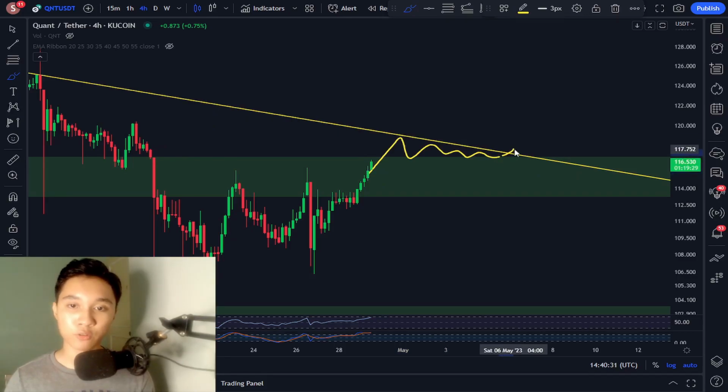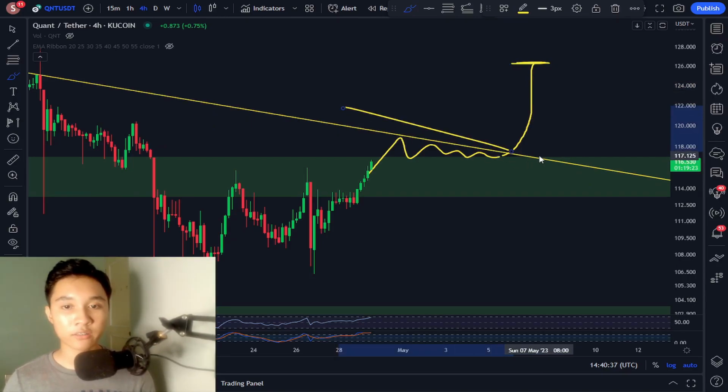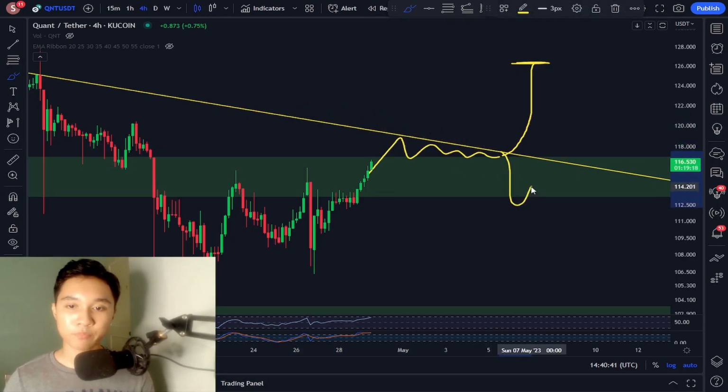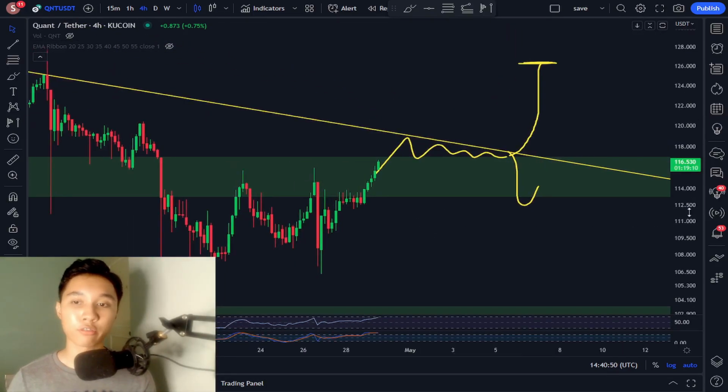If we break above, the target is a pump towards 126 US dollars. But if we do get rejected right here at this trend line and we dump below support right here, expect basically, if we dump below 113 US dollars, because that's the last line of support, 113 US dollars.